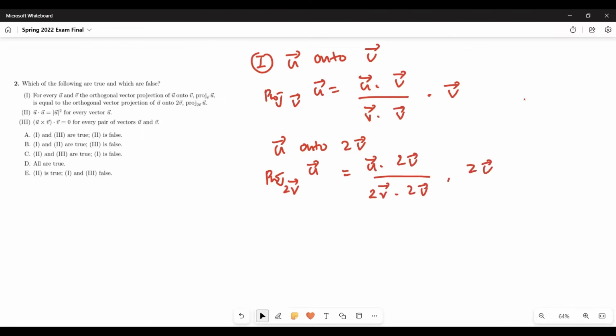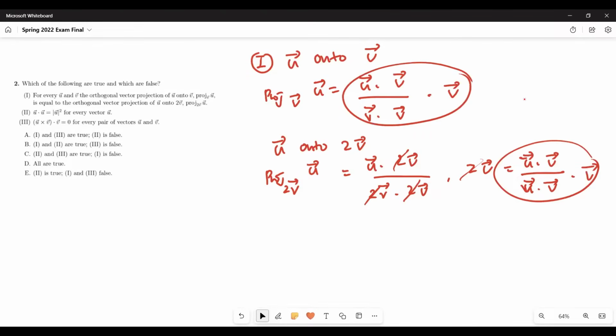So if you look at the calculation, not the answer choice, the 2 and 2 will be cancelled out, and 2 and 2 will be cancelled out. So this is just going to be (u·v)/(v·v) times v, which is the same as the projection of u onto v. So that is true.